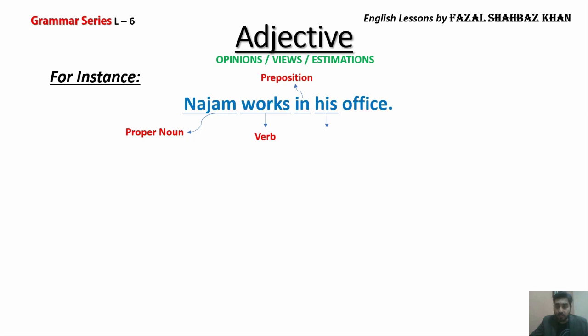And what is this, by the way? Can you tell me? Any guesses? Yes, I think you guessed right. That is the possessive case of adjectives. That is a possessive adjective which is followed by another common noun, that is office.